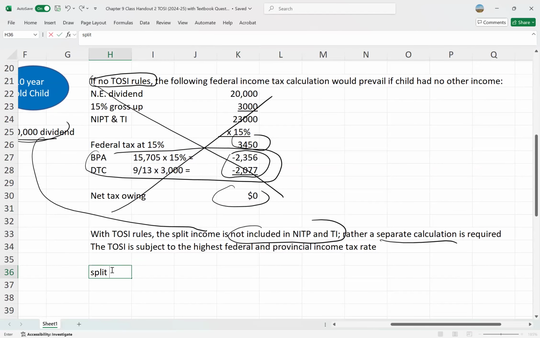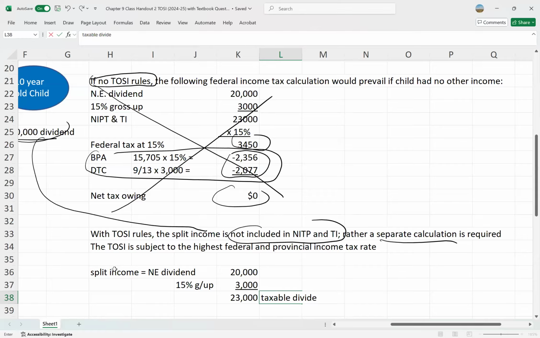The split income in this example would be the non-eligible dividend of 20,000. We would still have to do the 15% gross up, and so we would add the 3,000. And so we would still have a $23,000 taxable dividend. But this amount would be taxed separately.